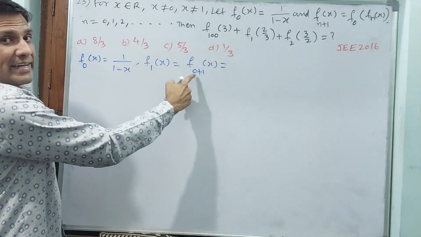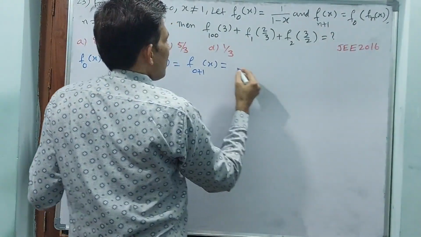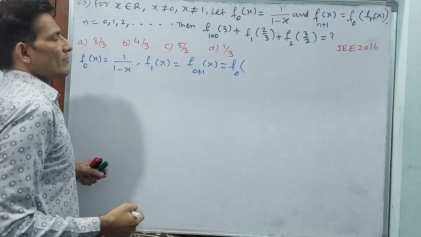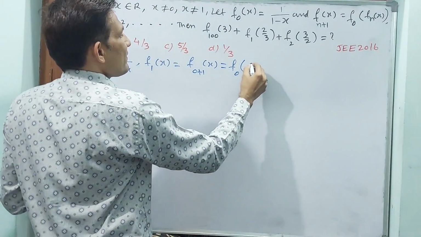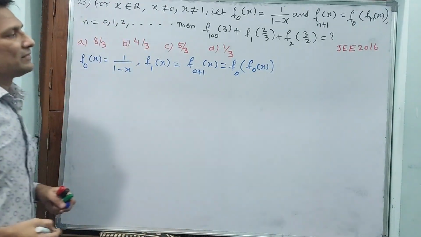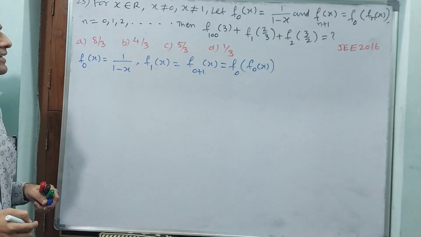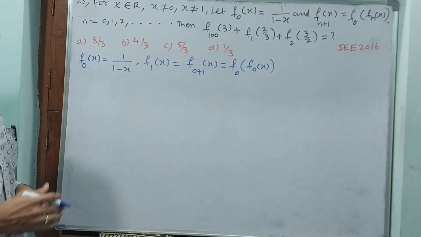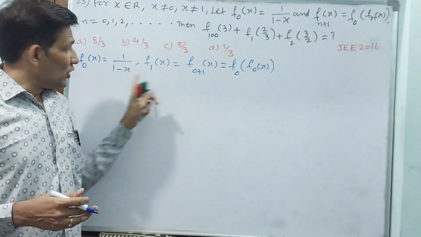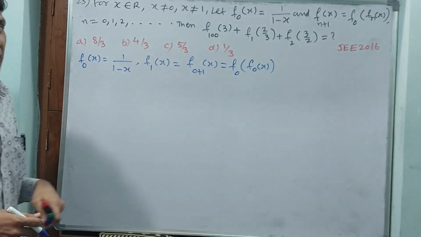See, here you are writing n, f0 of n, f0 of x. Is it okay? Definitely okay. Okay, but any number you can write, but 0 plus 1 it should become like this, then only you can write, or else you are unable to write.